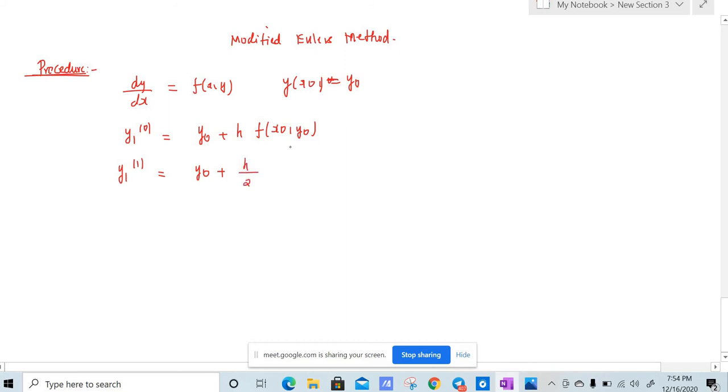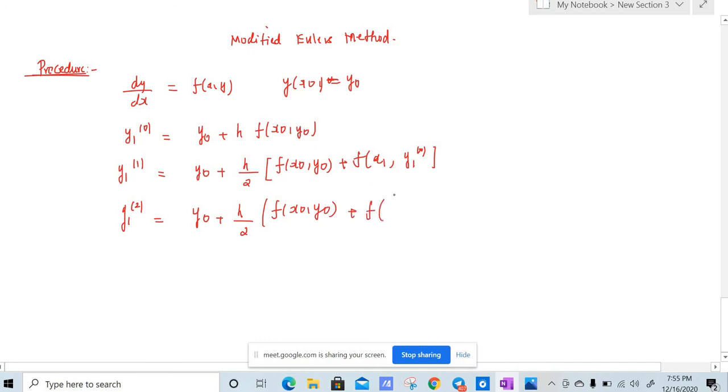h by 2. If you understand the formula, then the procedures are very easy. So f of x naught comma y naught plus f of x1 comma y1 of 0. And then you need to find y1 of 2. So y1 of 2 is y naught plus h by 2 into f of x naught comma y naught plus f of x1 comma y1 of 1.